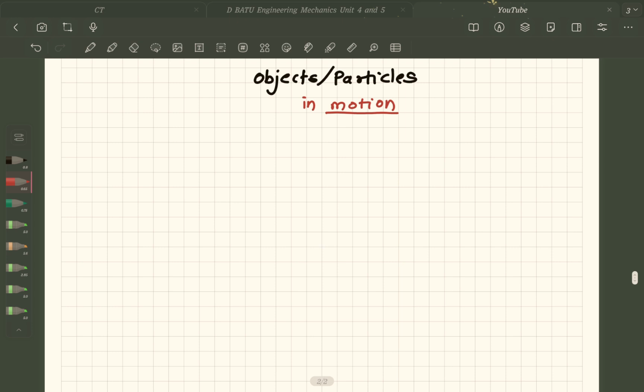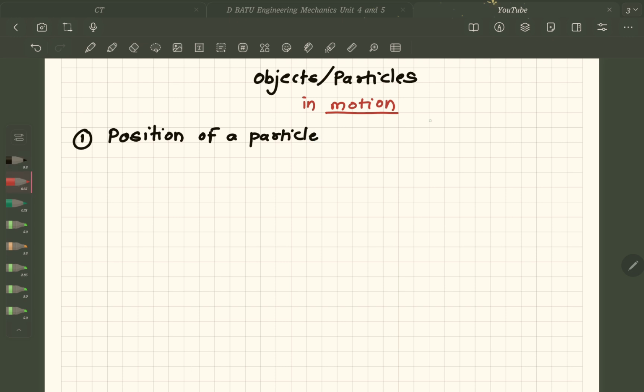The first parameter that needs to be discussed is the position of a particle. Here we are considering particles as the subject of study.